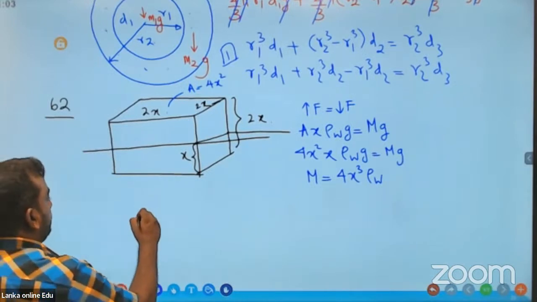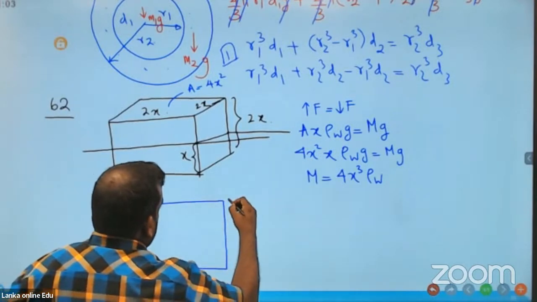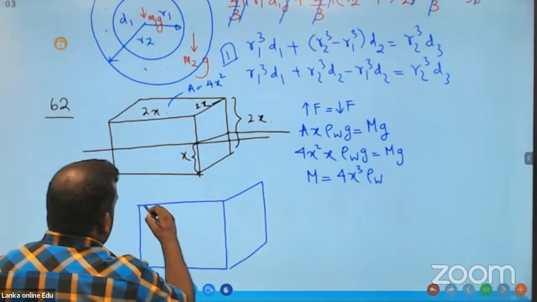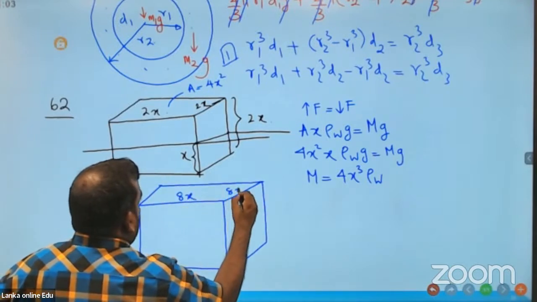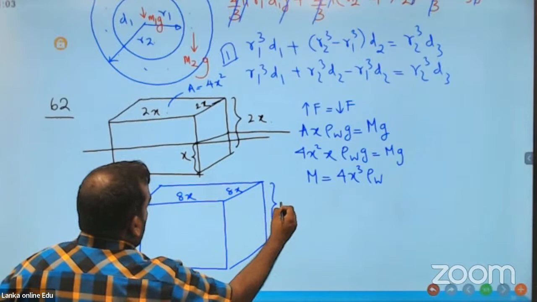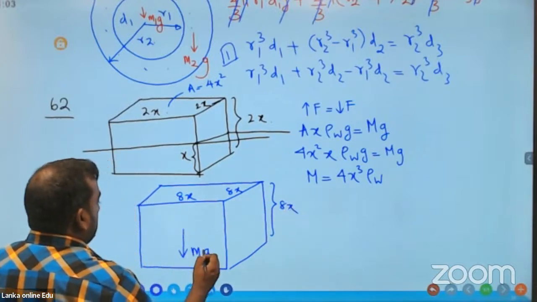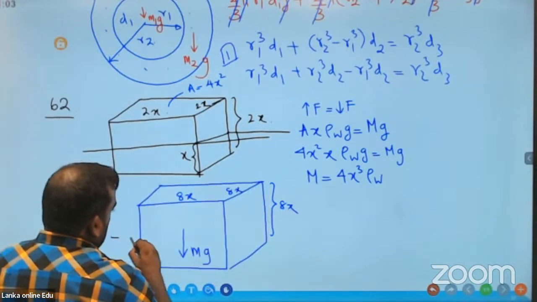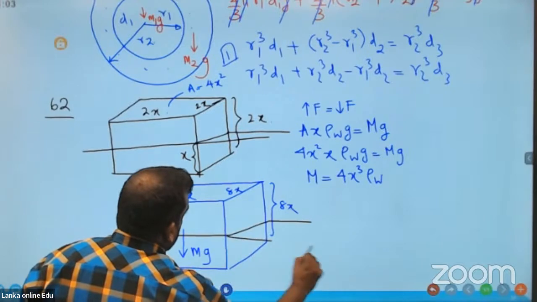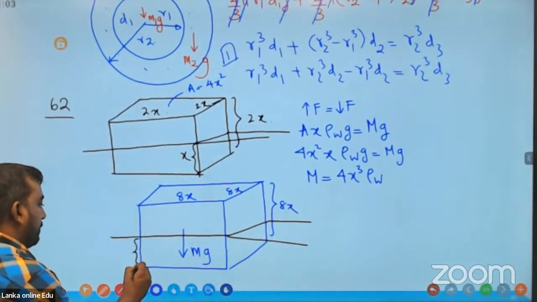External side is 8x, 8x by 8x, hollow inside. Weight is mg. Now what are they asking? They're asking what is the submerged height?